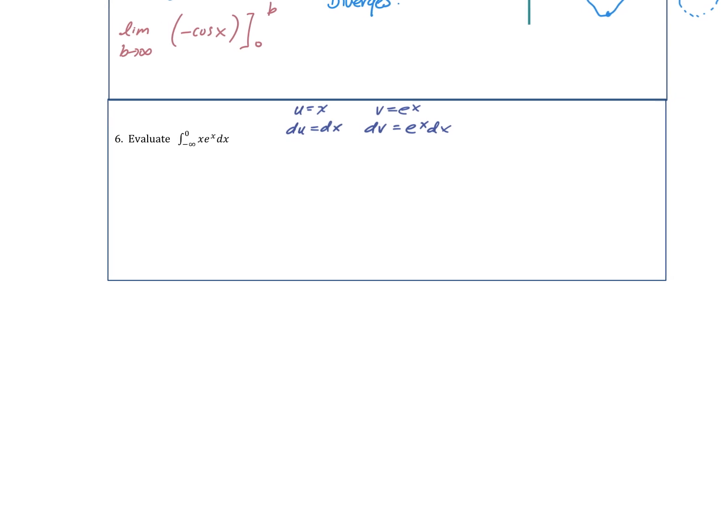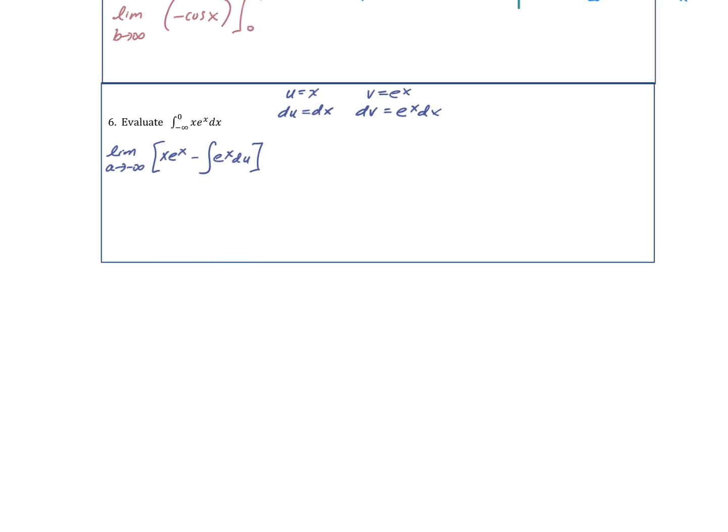So we've got the limit as a goes to negative infinity, so it's going to be uv, so x e to the x minus the integral of v du. Like that. My bounds are from a to 0, but we're still integrating.